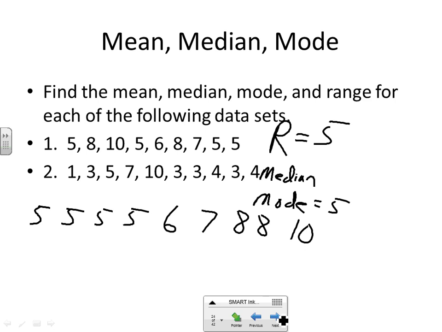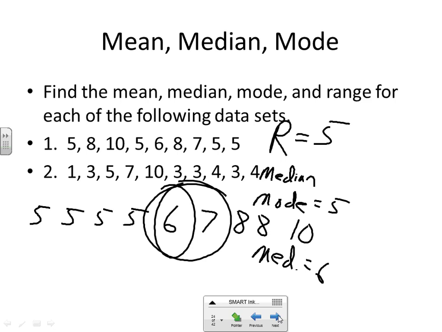Which means our middle number is going to be the 5th one, right? So the 6. Remember that if we had an even number, what do we have to do to get the median? Yeah, let's say that these two were both in the middle. You'd have to average them, right? But in this case, we don't. So our median is 6.